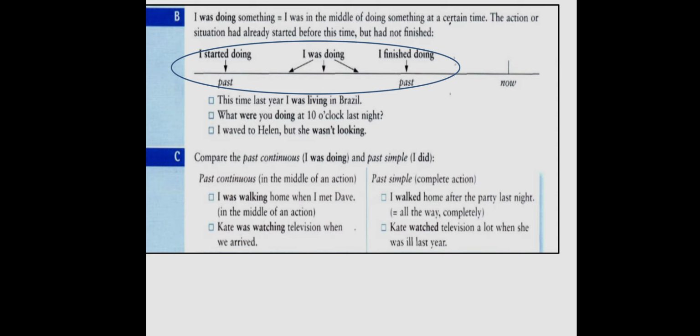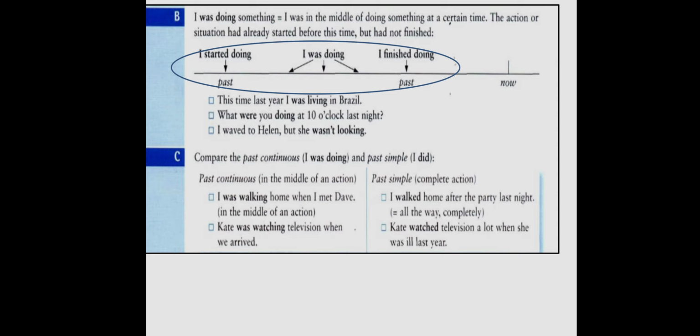Let's imagine that the oval shape in blue indicates a past point, let's say yesterday, and now indicates today. So all the action is in the past, yesterday, at a certain point where I was doing, let's say at 5 o'clock.